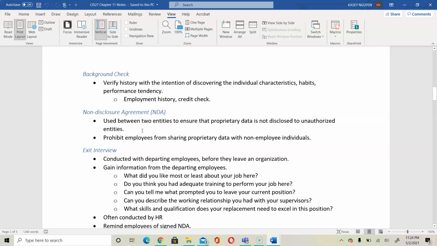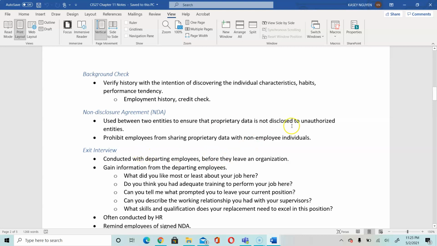So, for example, my interns who are interning for some company that is contracted with the Department of Defense, before they start the positions, they have to sign an NDA not disclosing proprietary information about those companies to other people, even family members. Nobody else is supposed to know about the details except for the organization and the employee. It prohibits employees from sharing proprietary data with non-employee individuals. That would include family members, friends, acquaintances, people in general.